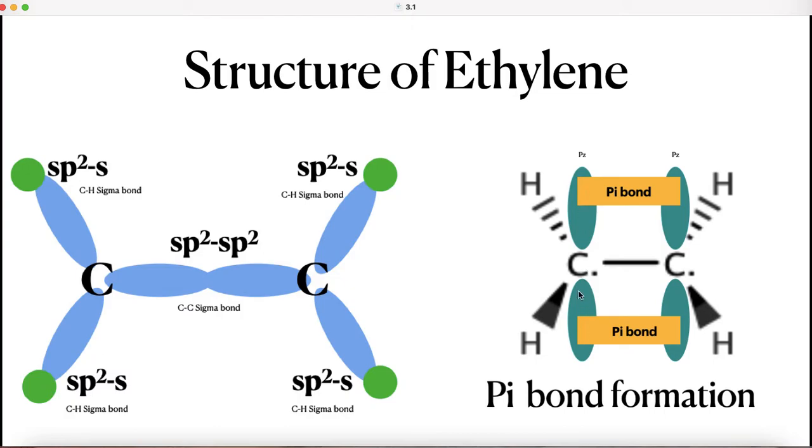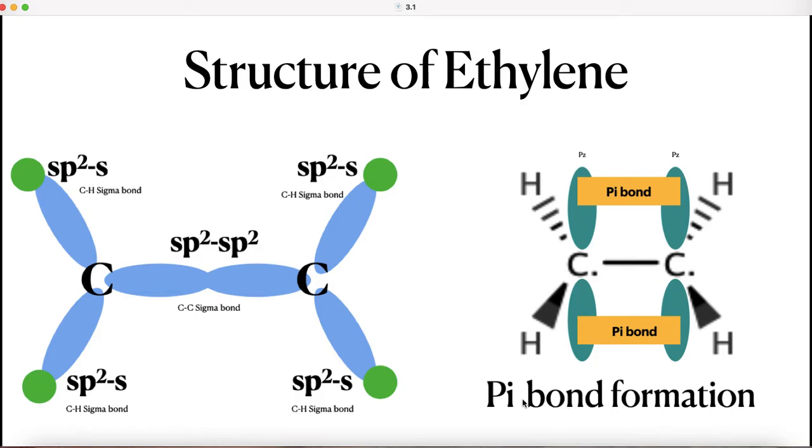This unhybridized pz orbital of this carbon laterally overlaps with the unhybridized p orbital of the adjacent carbon. It leads to the formation of the pi bond. In ethene, the carbon-carbon bond is of two types. First is a sigma bond, which is formed by the linear overlap of the sp2 hybrid orbital of one carbon with the other sp2 hybrid orbital.